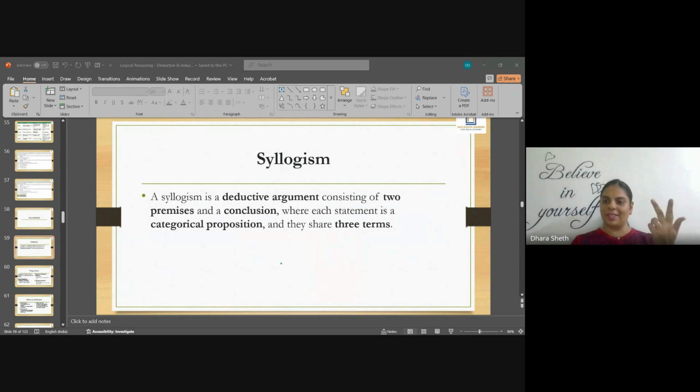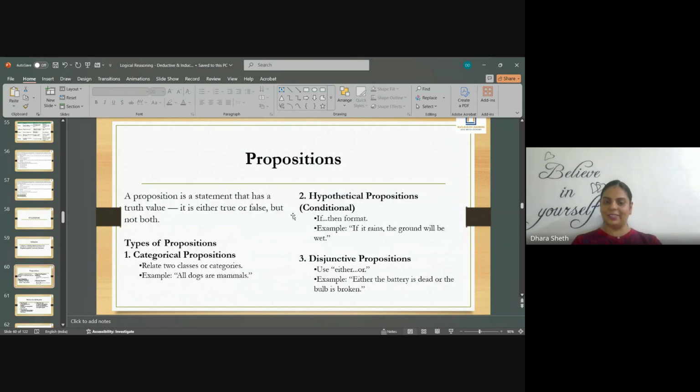You know 2 premises. What are premises? You know what a conclusion is. You know what a categorical proposition is, which divides things, which talks about 2 different categories. And they share 3 terms. We already saw the next slide: 3 kinds of propositions: categorical, hypothetical, and disjunctive.